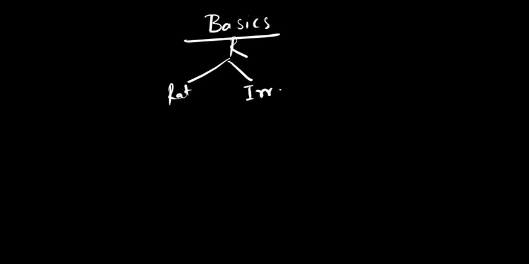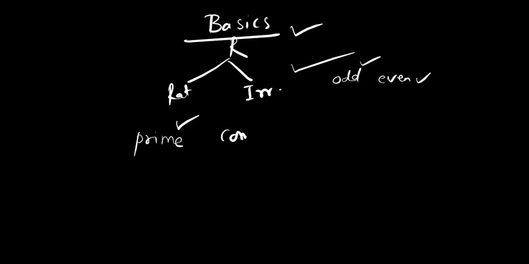Next, when it comes to basics here in this chapter, we have to know what a prime number is. Till now we know what a number is. Even we know odd numbers and even numbers. So now we have to know what a prime number is and what a composite number is.